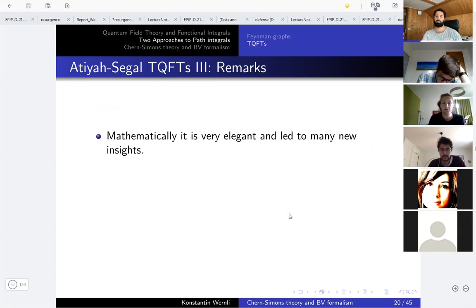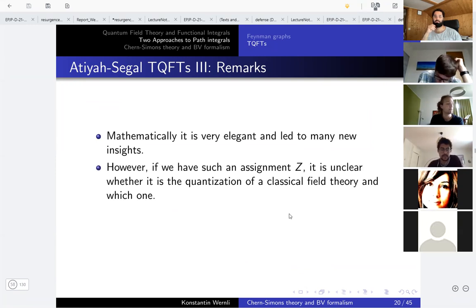Okay, so some remarks on this definition. It's mathematically very elegant, and it has led to many new insights, actually in physics and in mathematics. So there's been a tremendous amount of research on this topic, far too much to say a lot more about this.